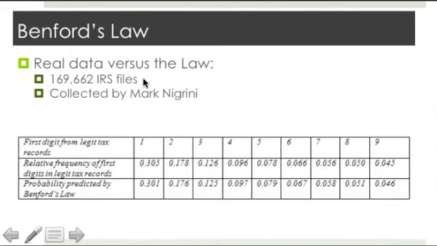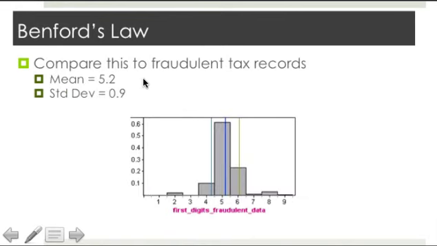Now, if you were to compare this to fraudulent tax records, you see something very different. Here's a histogram of fraudulent tax records. Notice the stark contrast. Here the mean is 5.2, located right here, and the standard deviation is 0.9. You can see that both on the right and on the left of the mean.